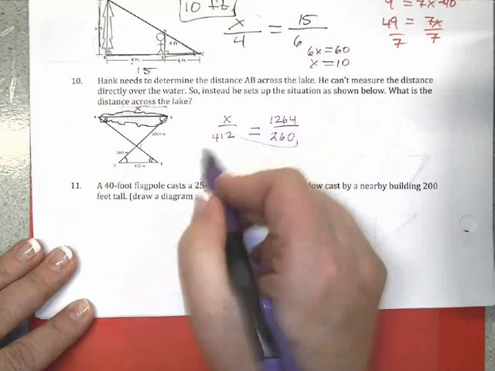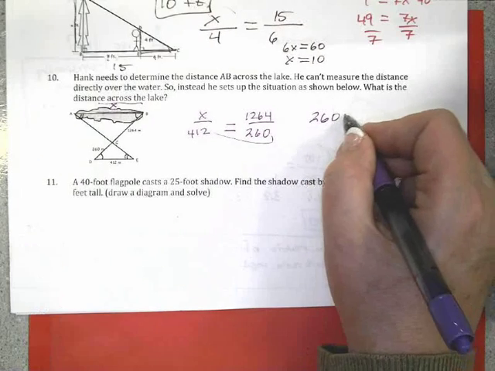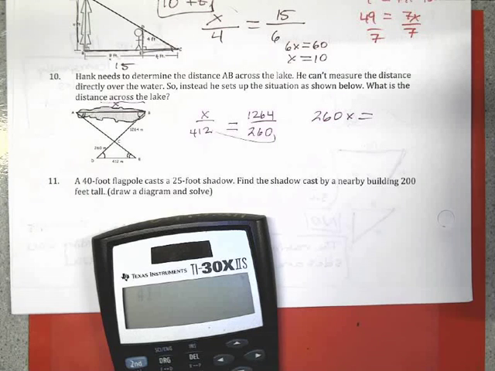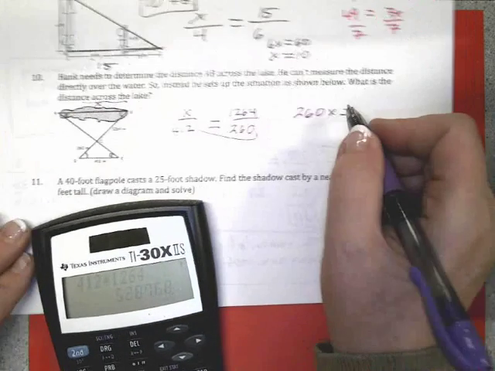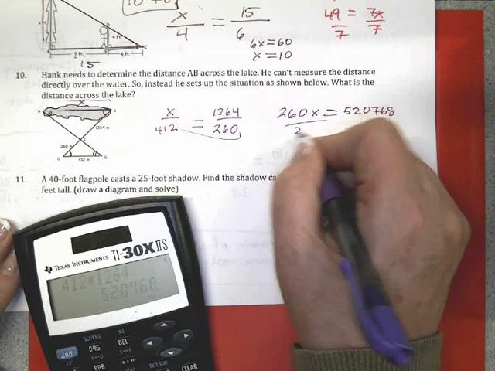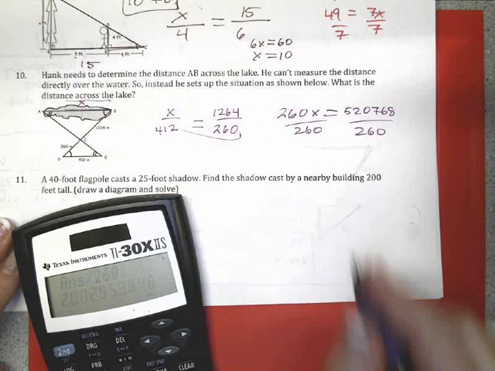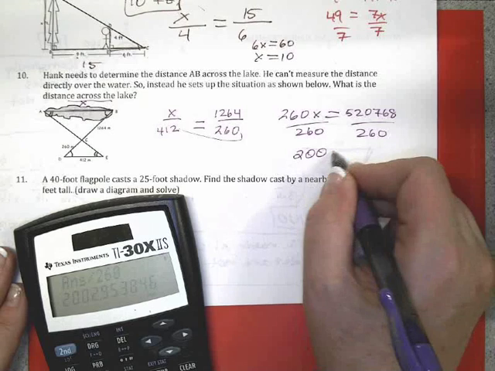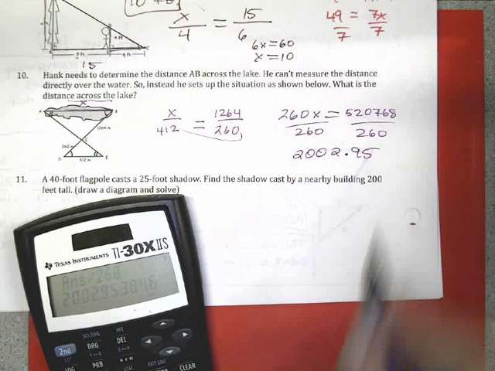Let's go ahead and cross multiply. So 260x is equal to 520,768, divided by 260 gives us 2002.95 if we rounded to the hundredth.